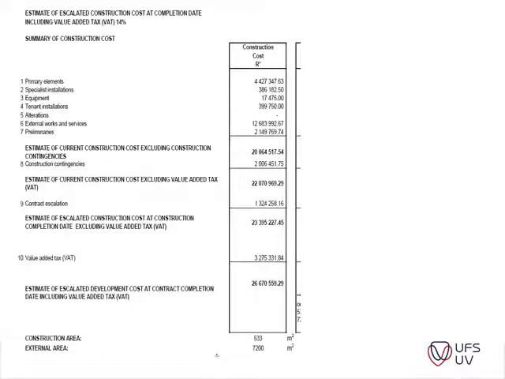This is one that we've done a while ago. What you basically have is your primary elements, your specialist installations, equipment, tenant installations, alterations, external works and services. You have your P's and G's here, and you can see it's a much more comprehensive way of measurement.